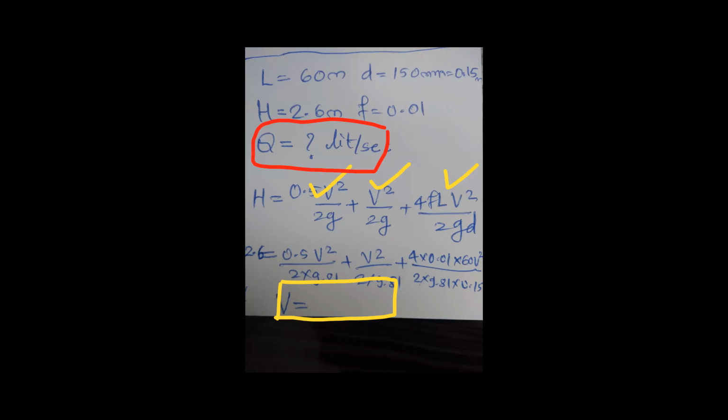Okay. So is it clear now? Major losses, minor losses, what we need to consider, how we need to solve. So this concludes your third chapter, that is flow through pipes and its numericals.